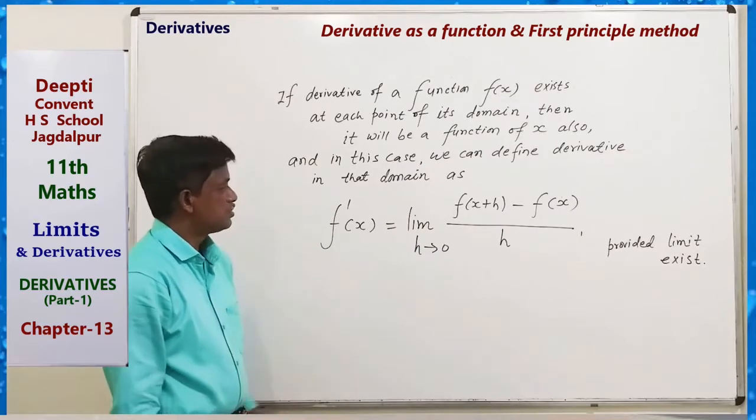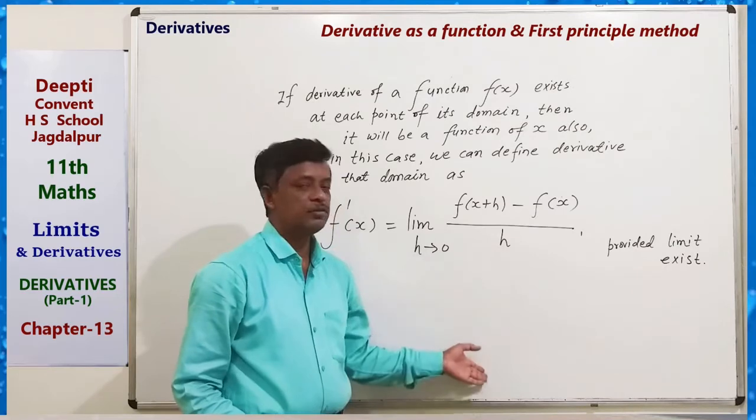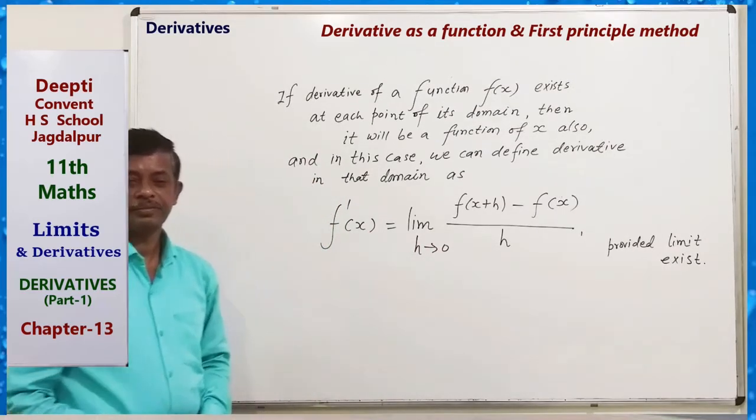Clear? So this is f dash x. Just by finding the limit, you can get a value of the function of x. Clear?